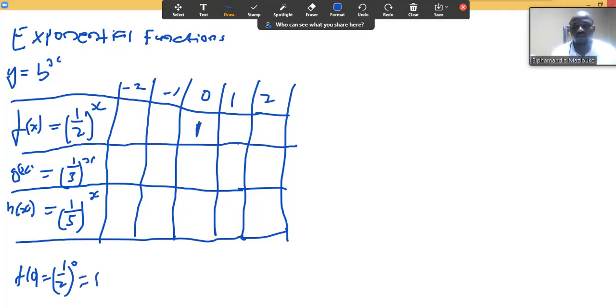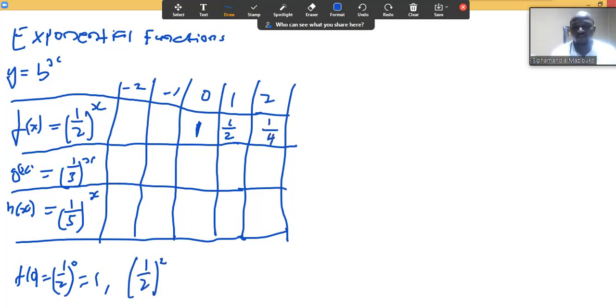If x is 1, we'll have a half. If we substitute 2, we're looking at 1 over 2 squared, and we all know that would be 1 over 4.